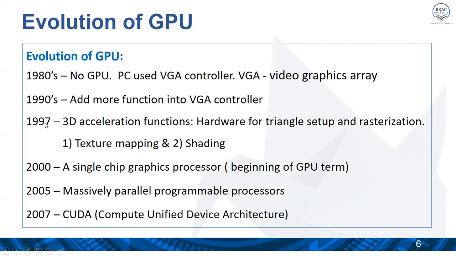In 1997, 3D acceleration functions were added to the hardware for triangle setup as well as rasterization, in the form of texture mapping and shading.